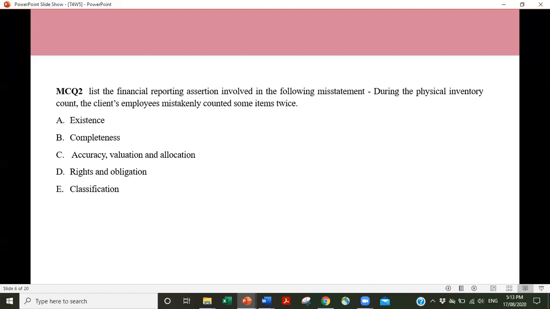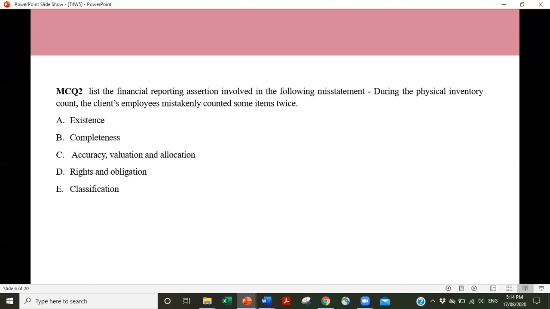Completeness, what should have been recorded has not been recorded. Accuracy, valuation and allocation, it's the wrong value. Rights and obligations, you're only allowed to have it once. And then classification, it's not correctly recorded in the accounts.